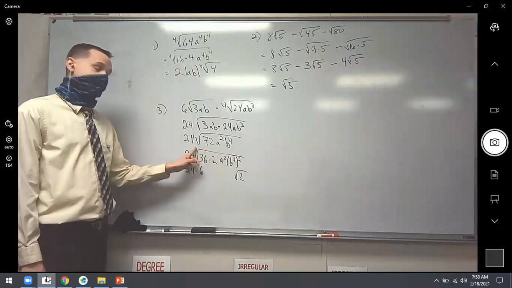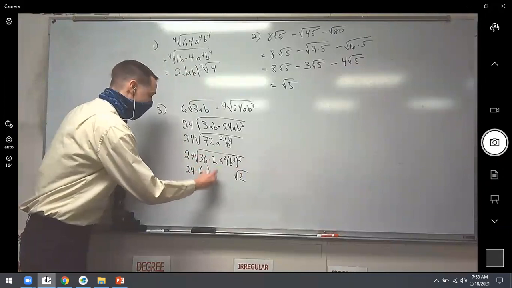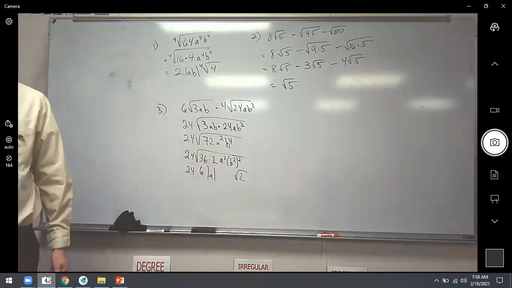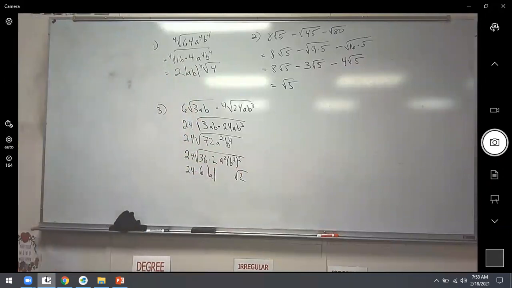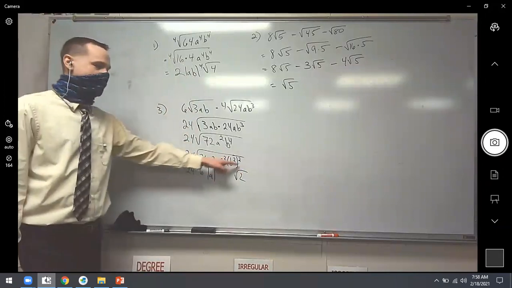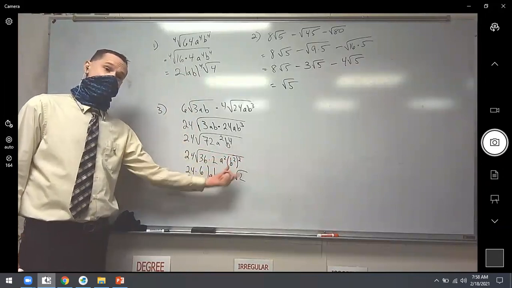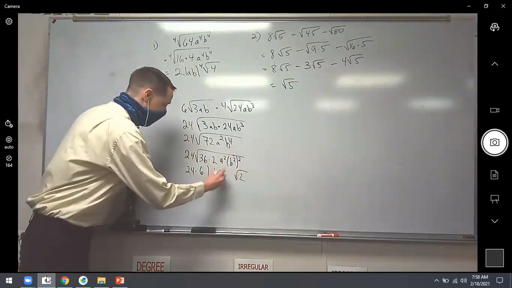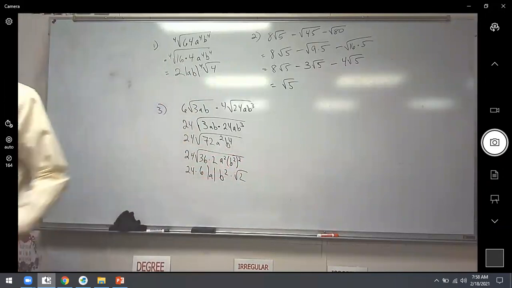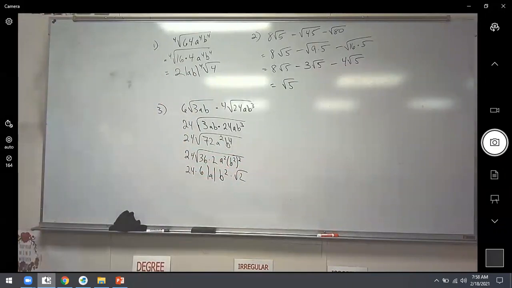But don't forget, this is an even root, so I need it in absolute values right there. So I have an absolute value of a. And then lastly, you got a b squared squared. So the square root and the square cancel, leaving you with just b squared, which does not need to be in absolute values because it's squared. And whenever you raise something to an even power, it's automatically positive right there.